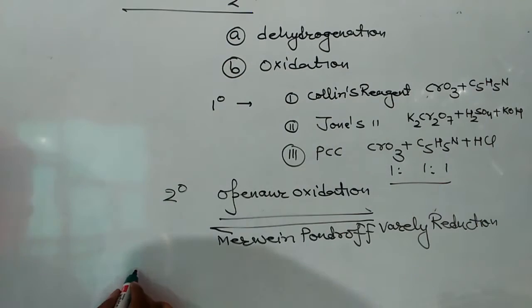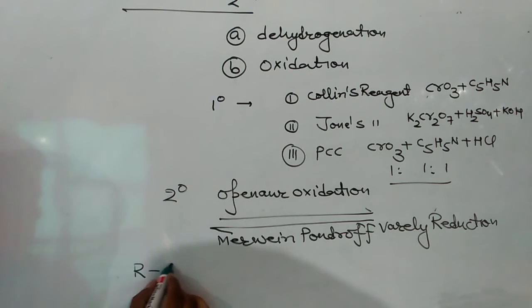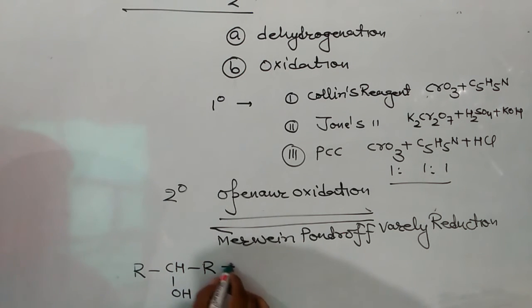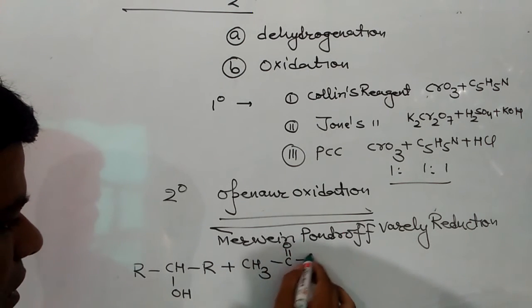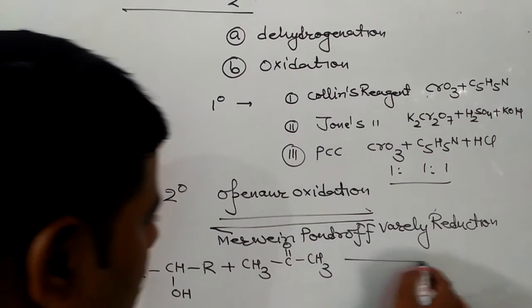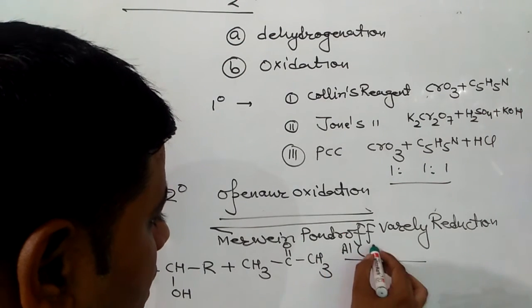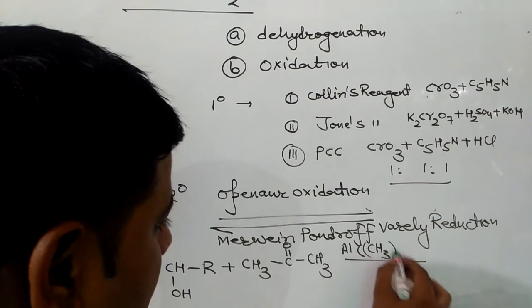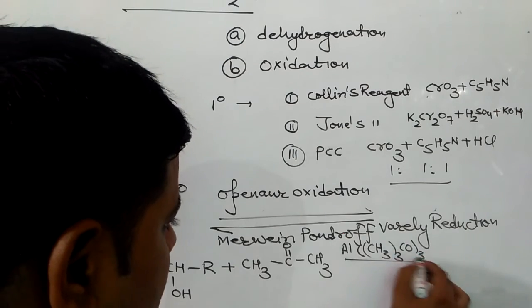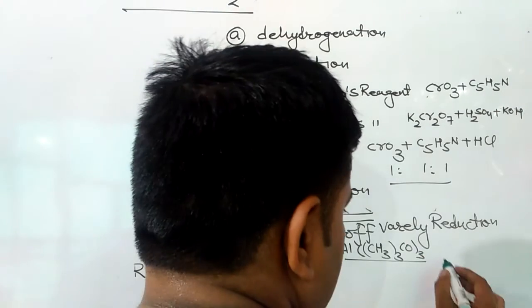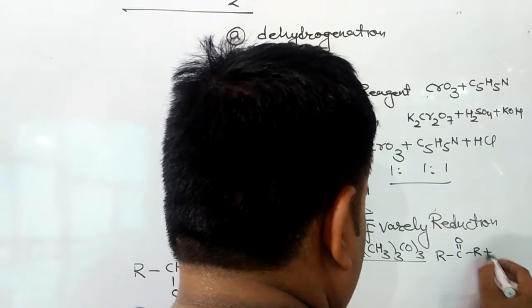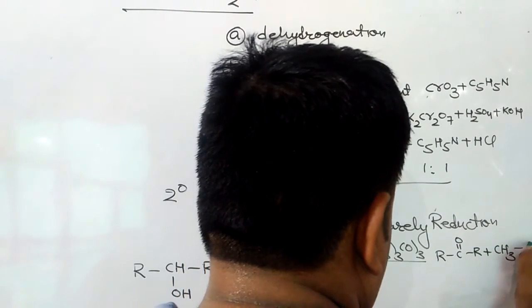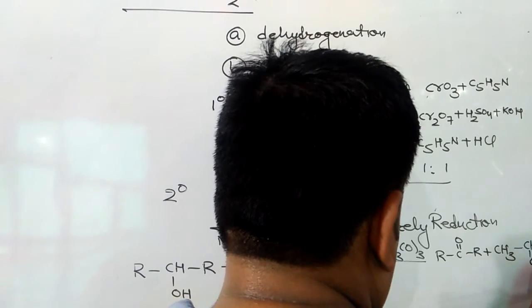And for this reaction, when a secondary alcohol reacts with acetone in presence of aluminum tertiary butoxide, then we will get a higher ketone and isopropyl alcohol as a product.